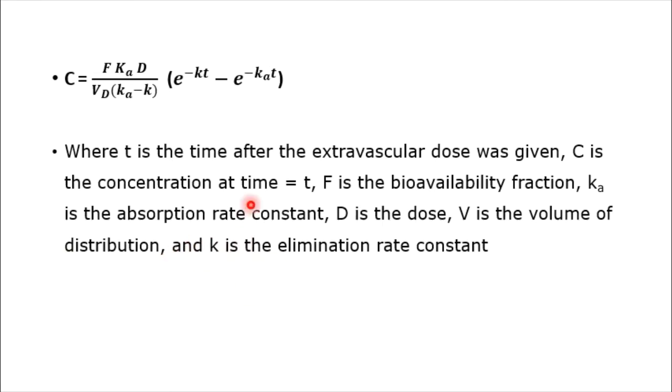I guess you remember the equations that we have taken in the subject of biopharmaceutics, and there are specific calculations for the absorption rate constant by the residual method, for example.